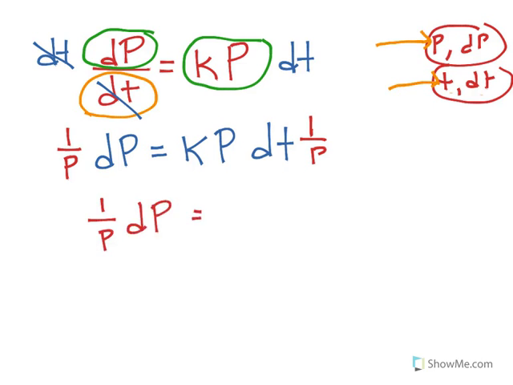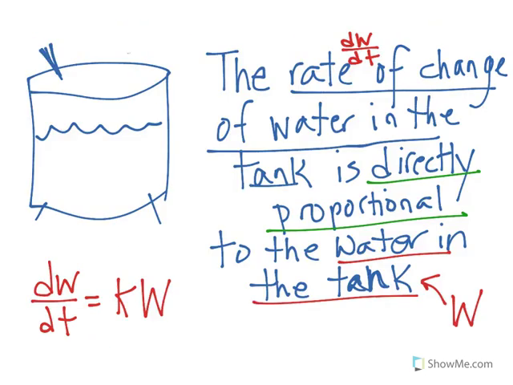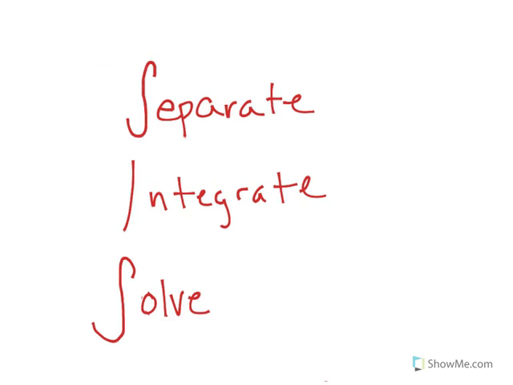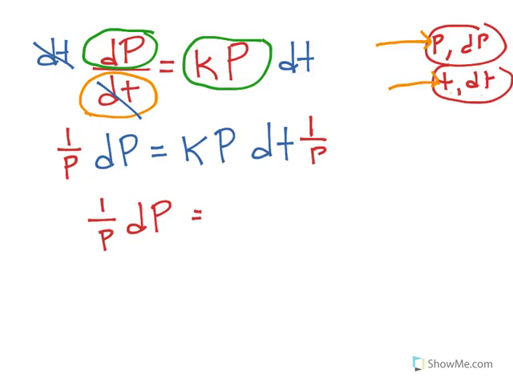Just as a quick side note before I keep going, any equation that starts out with the rate of population directly proportional to the population is always going to solve out this following way. Now, on some questions on the AP, you don't have to write out all these steps. Some you do, but you're going to see they're easily reproducible as we go. So what I've done now is I've canceled on this side.